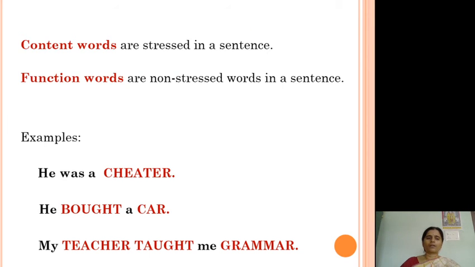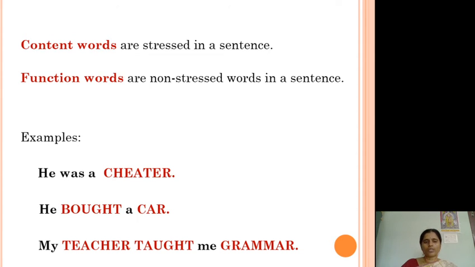Now then, what is the need of learning these content words and function words? While we are speaking, we put stress on content words, and the function words are non-stressed. That means while we are speaking, how do we come to know which word we have to stress?